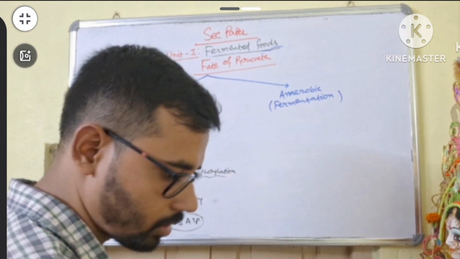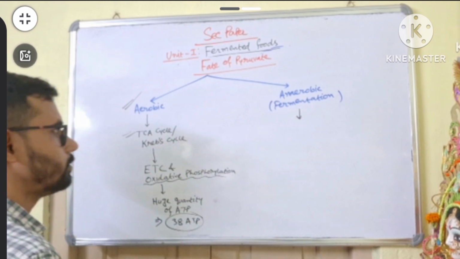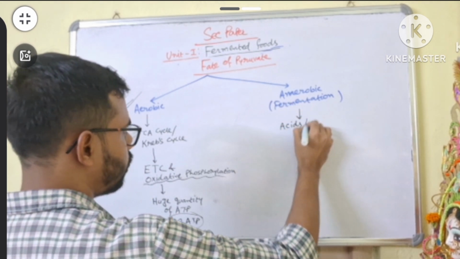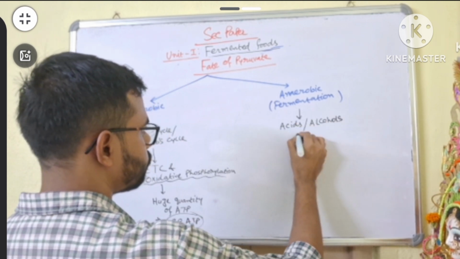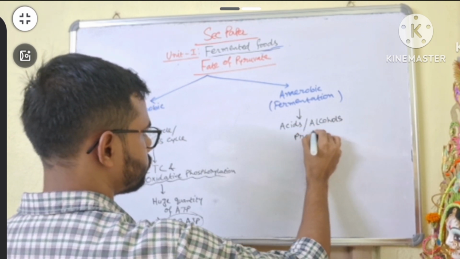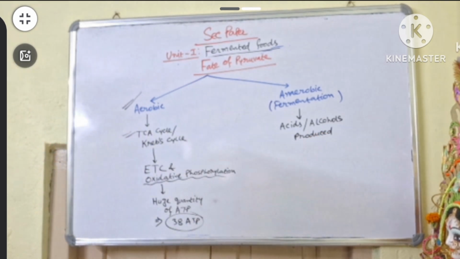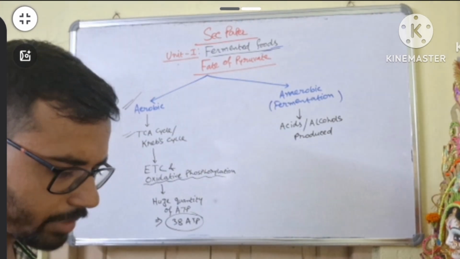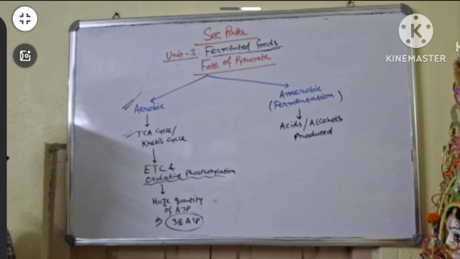Fermentation is a quick process where acids or alcohols are produced. One or two additional steps, usually one, sometimes two, are needed after glycolysis to ferment the pyruvate into acids or alcohols.